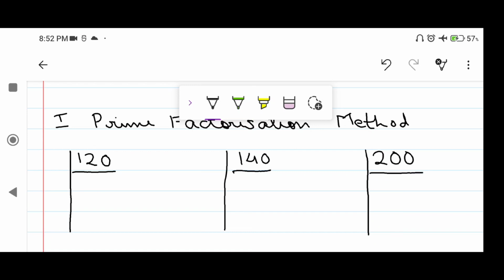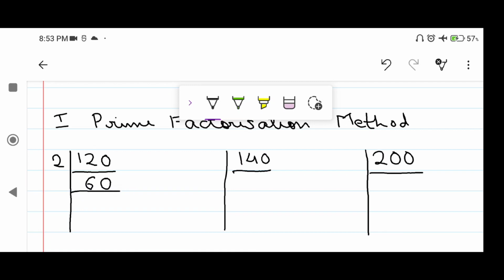If we take the factors of 120, so the first prime number we can take here to divide 120 is 2, because 120 is an even number. It is divisible by 2. So the smallest prime number here is 2. So we get the quotient 60 over here. 2 6s are 12 and 2 zeros are 0.